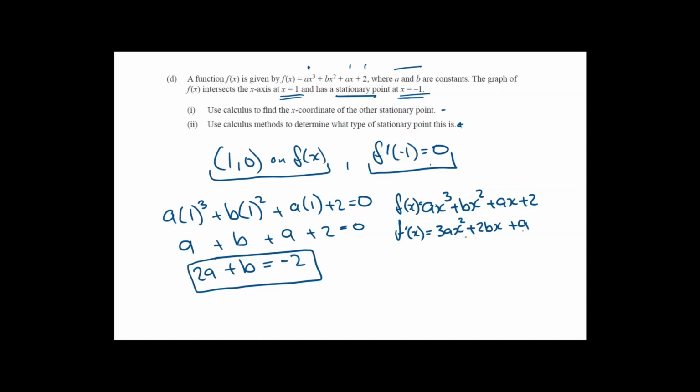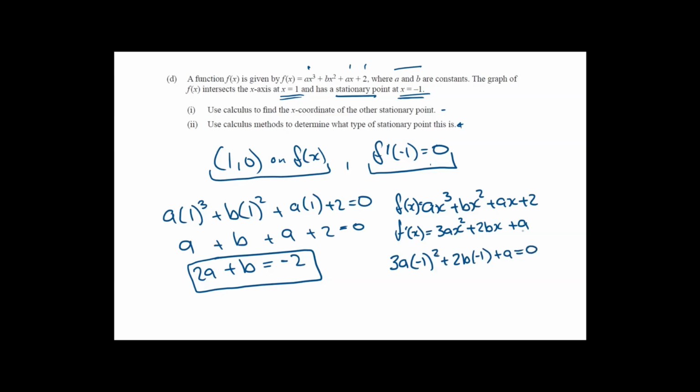So wherever we have an x, we're going to put a negative 1, and we're going to set that equal to 0. So 3a times negative 1 squared plus 2 times b times negative 1 plus a equals 0.